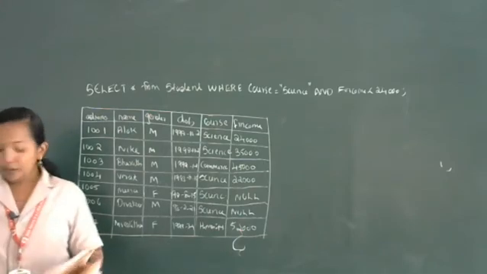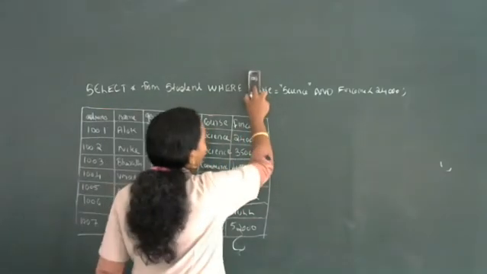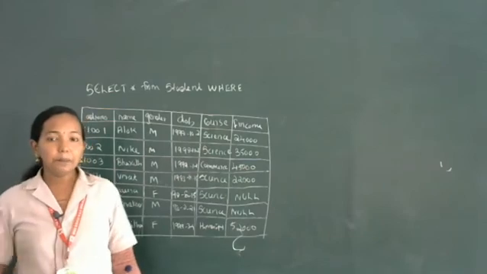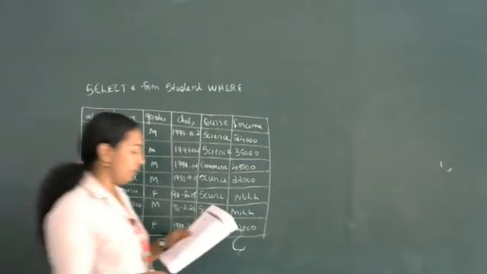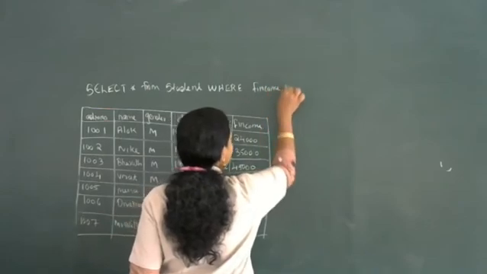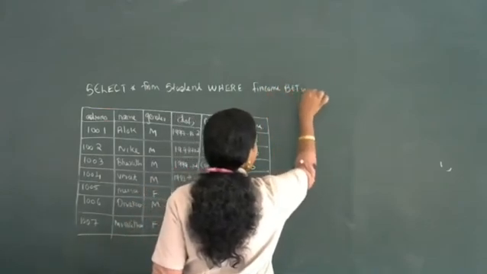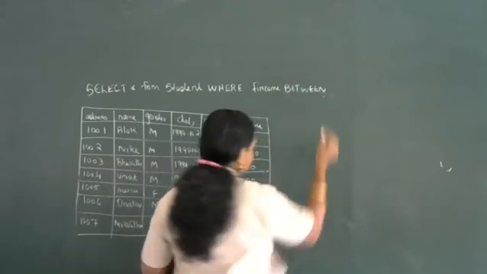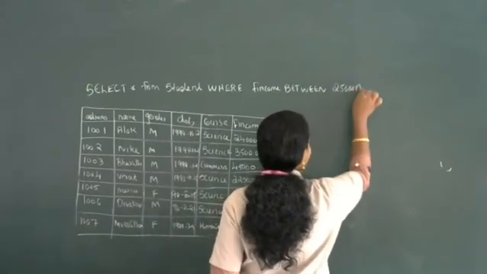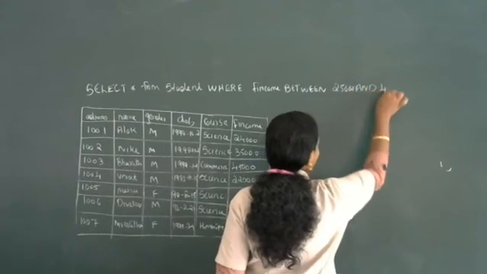Then one more condition. If you want to select values between two values, like where F income between 25,000 and 40,000.